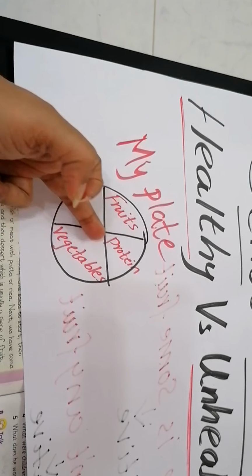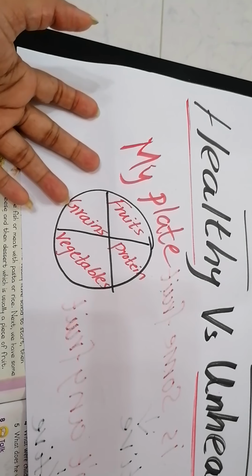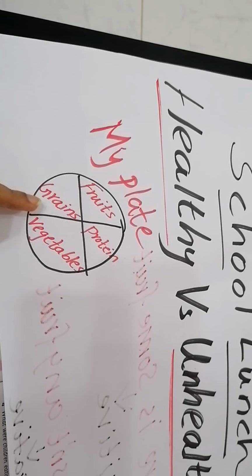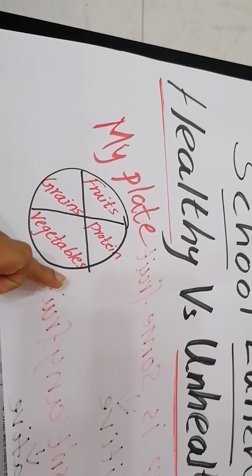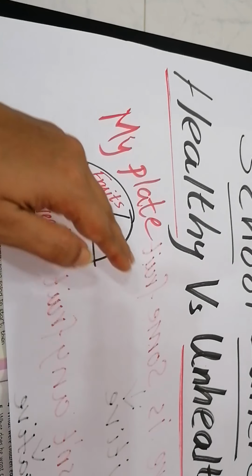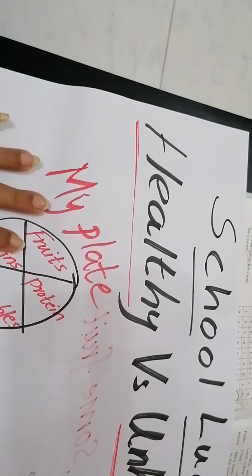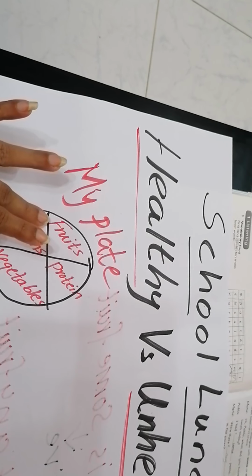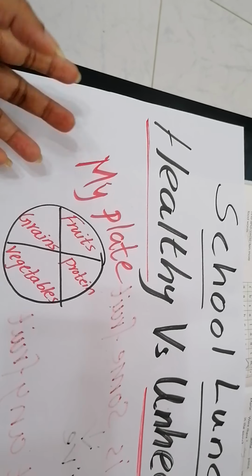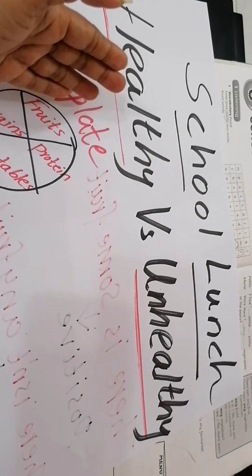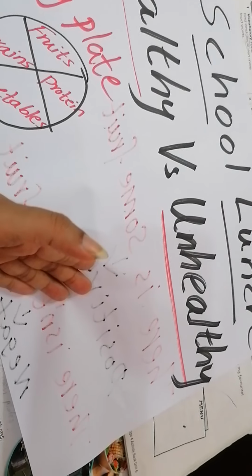So you can include dairy products and you can include other healthy food items in your plate. So you can take a disposable plate or a paper like this, and you can divide the plate into different sections, and you can give the heading my plate, and you can attach it to the notebook, or you can display it in your bedroom or your study room. That means healthy versus unhealthy food.